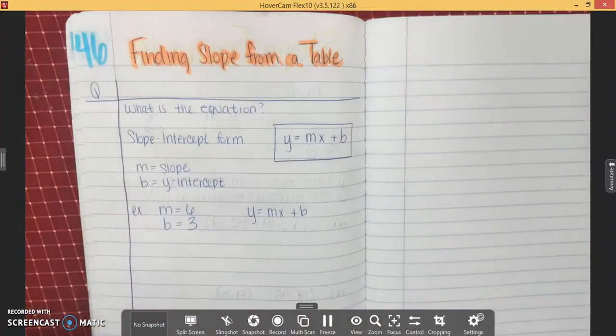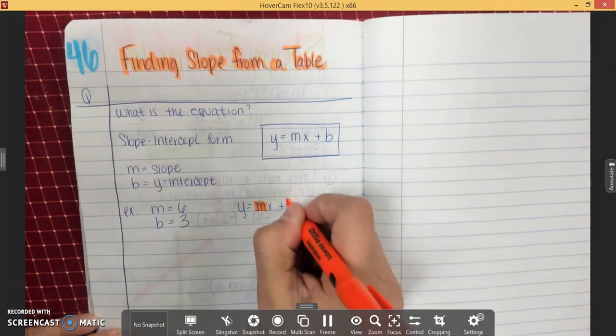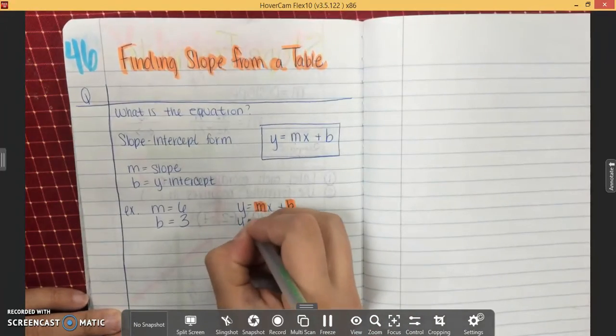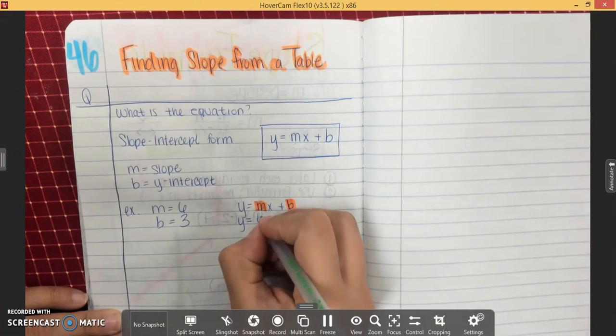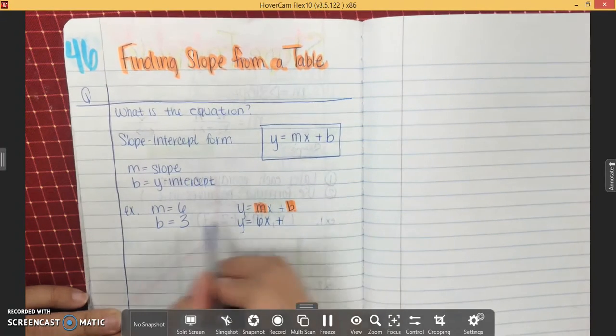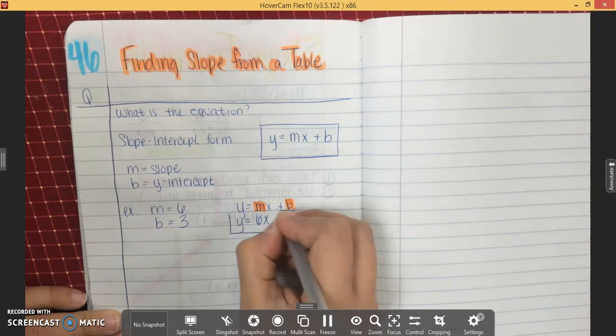The only things we are going to change in this equation when we write it again are the m and the b. So everything else is going to stay the same. My y stays the same. Instead of an m, I'm going to put the 6. I leave the x plus, instead of the b, I'm going to put the 3. And that would be how I write this equation.